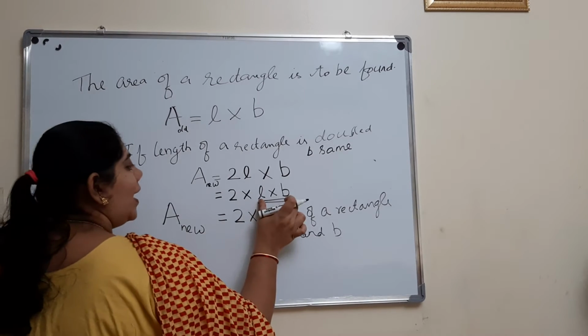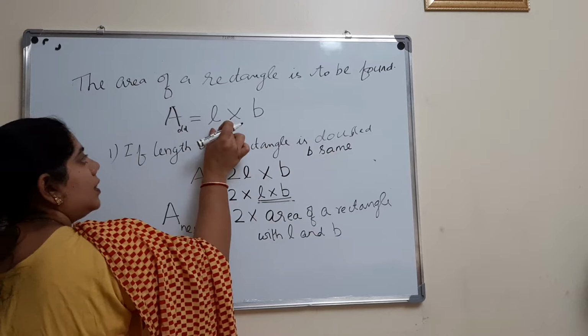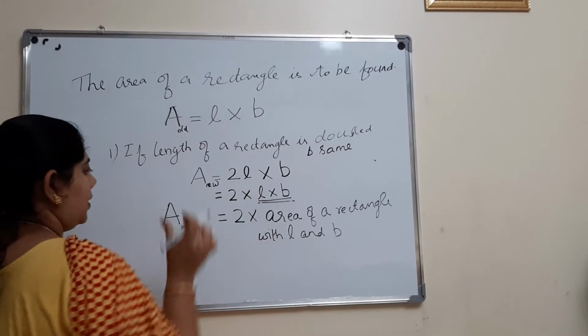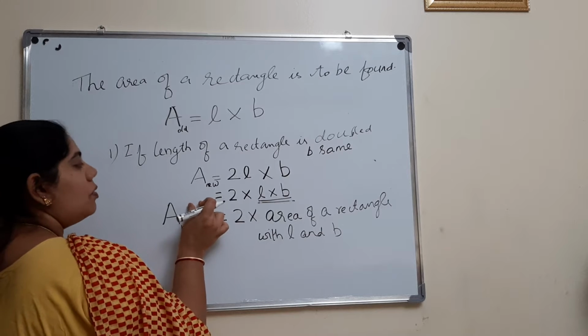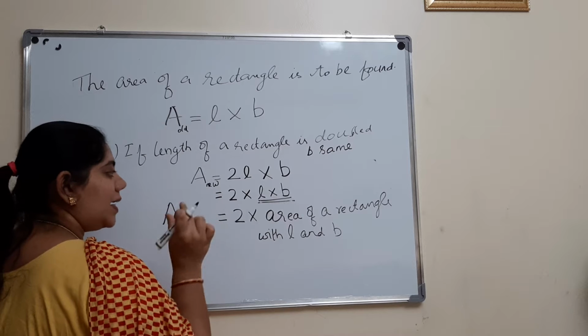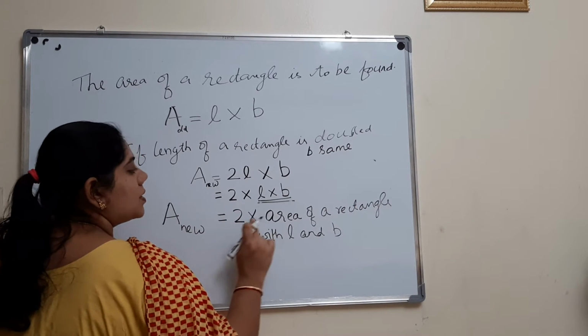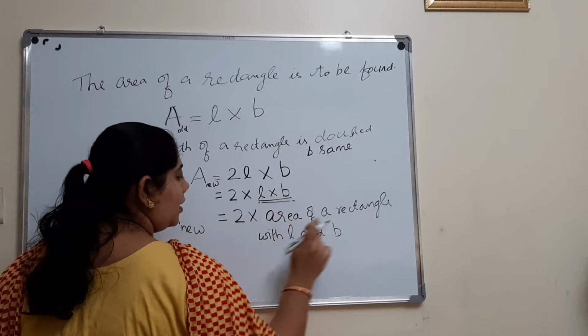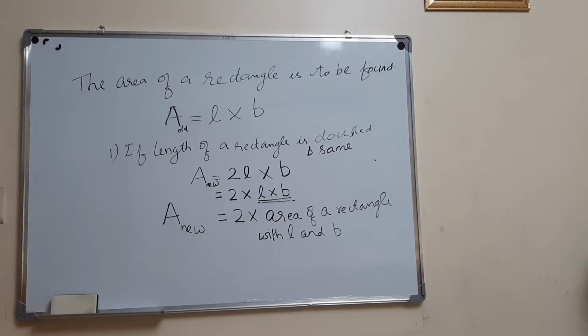That is L into B is the area with length L and breadth B. So the area of a rectangle when the length is doubled and the breadth remains same is equal to 2 times the area of a rectangle with length L and breadth B. Got it? Can we see another question?